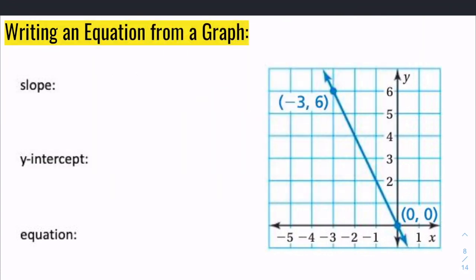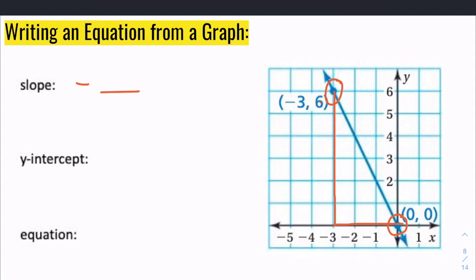So to find the slope, the process is start with the point on the left, go to the point on the right, figure out if it's positive or negative. The way I do that is I say, okay, if I'm reading this line from left to right, is it going up or down? It's going down, so that means I have a negative slope. And then you can make our little slope triangle, a right angle that shows the rise and run.